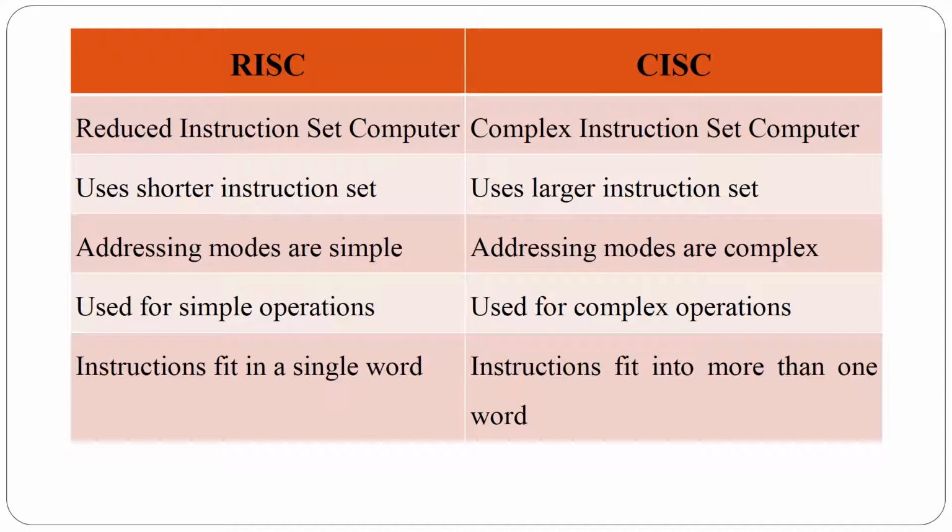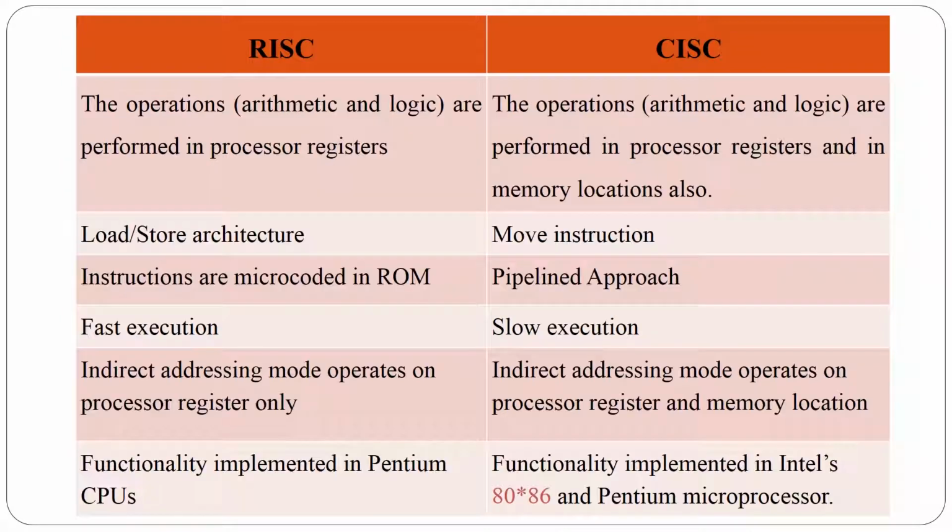In RISC, addressing modes are simple, whereas in CISC, addressing modes are complex. In RISC, simple operations are used, whereas in CISC, complex operations are used. In RISC, instructions fit in a single word, whereas in CISC, instructions fit into more than one word.